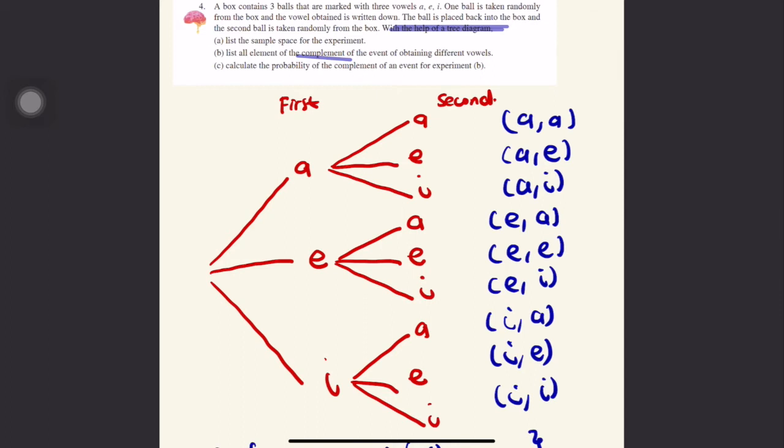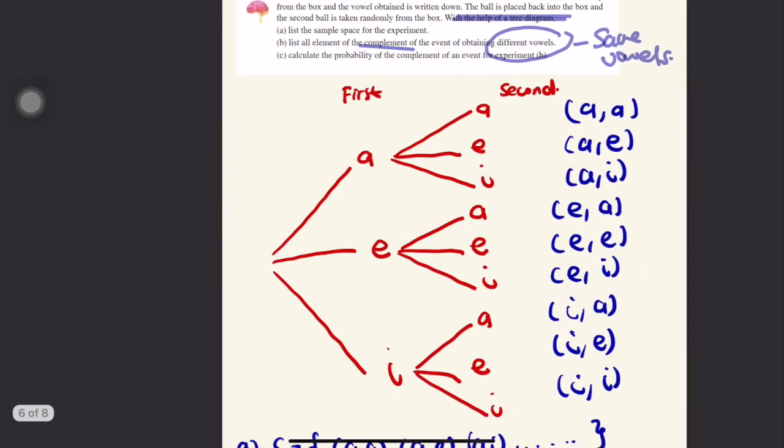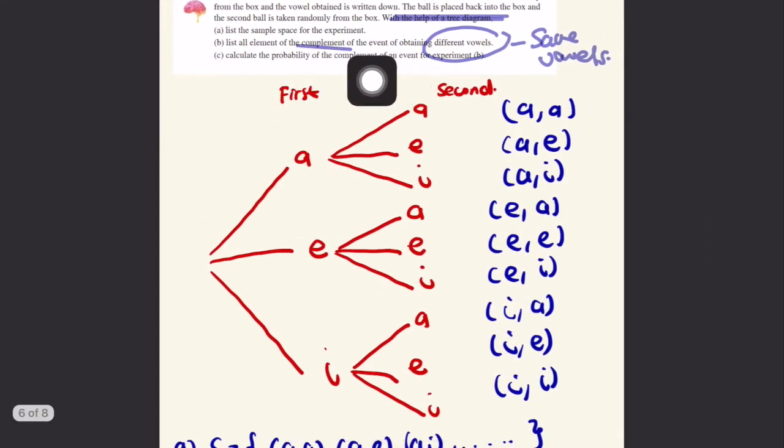Kalau soalan tu dia nak vowels yang berbeza, so complement bagi different vowels is actually same vowels. Okay, ingat complement ni pelengkap. So kalau ini event kita adalah getting different vowels, so the complement is selain daripada different vowels, so same vowels lah.